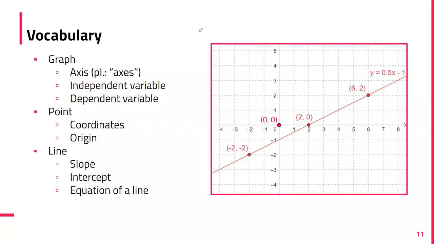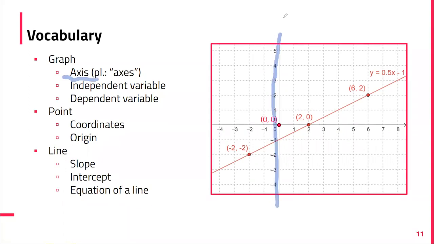The other vocabulary that we reviewed last time: axes, or axis in the singular. We have the y-axis and also the x-axis. Which of these is usually the independent variable? X. It doesn't need to be, but pretty much everyone draws their graphs like that.